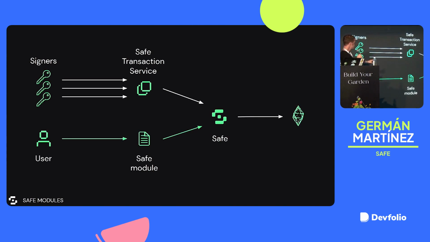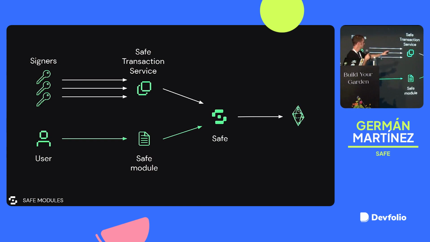So we need to deploy a Safe module in the same network where our Safe is. And all the Safe module needs to do is call the method execTransactionFromModule in the Safe.